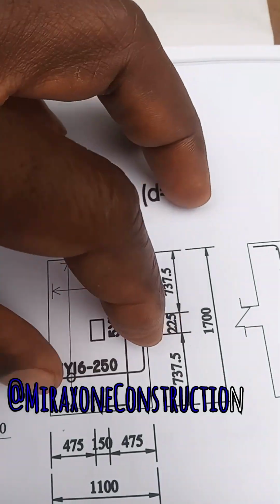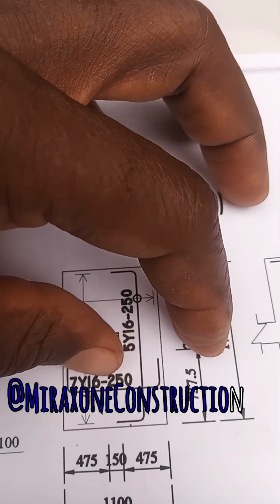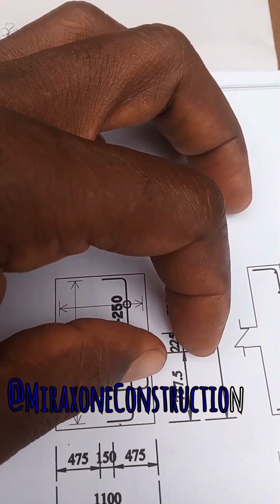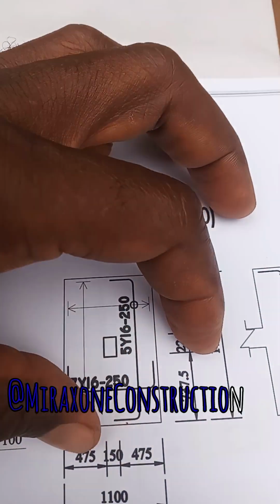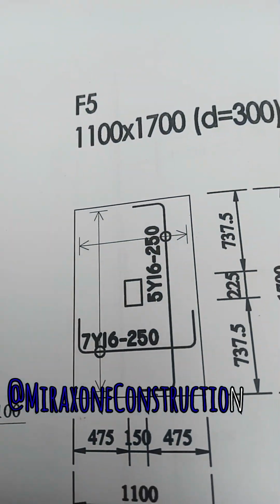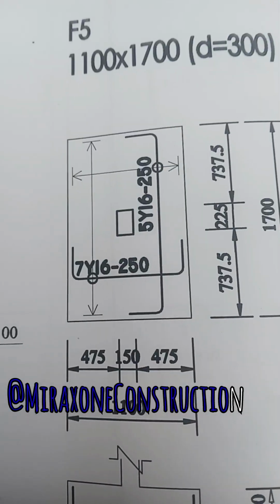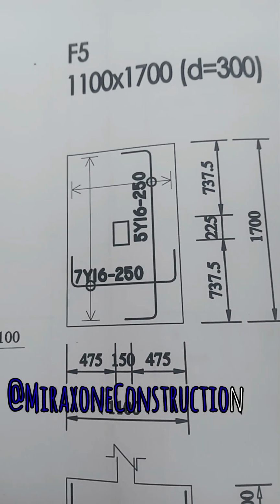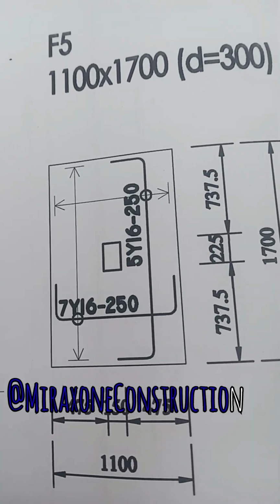This one should serve as the bottom bar, with the hook, with the anchor. So you have to place it. This is F5, like I said previously.